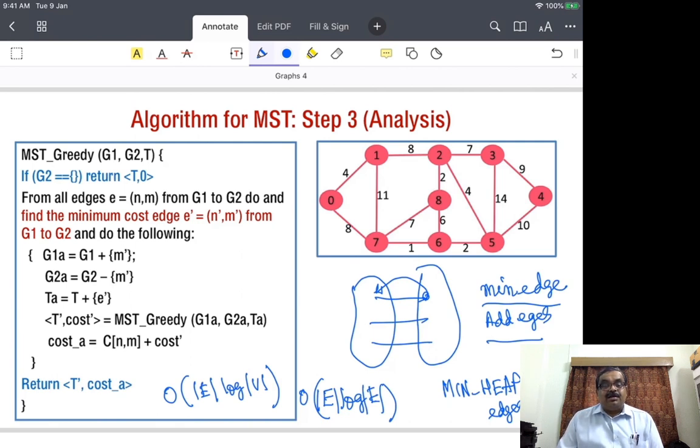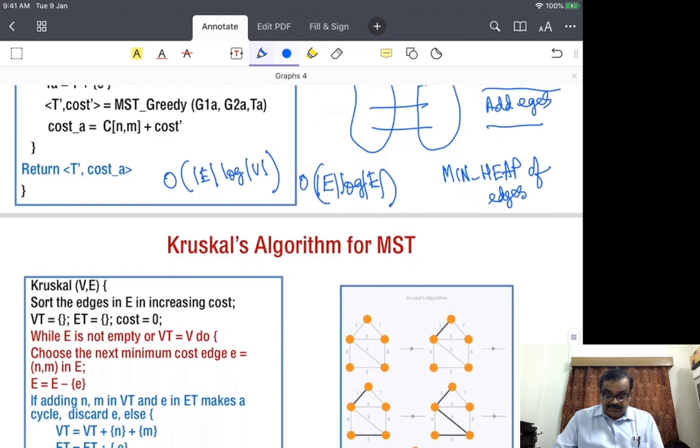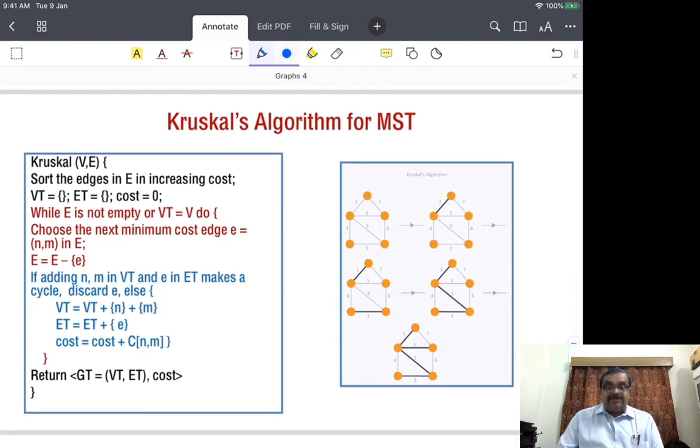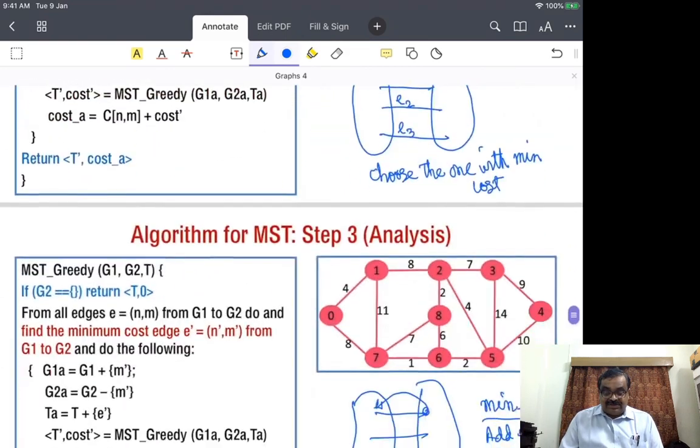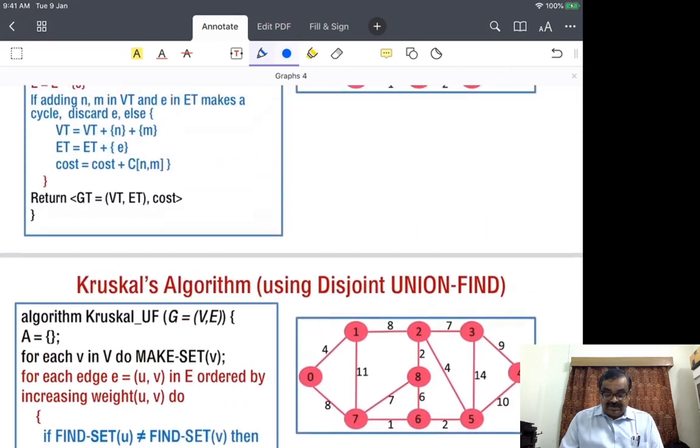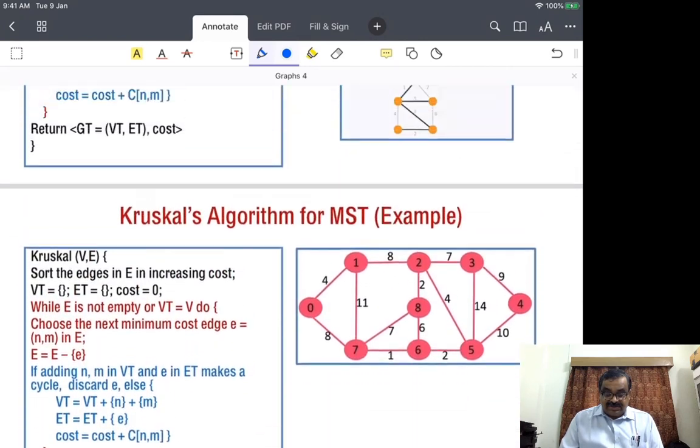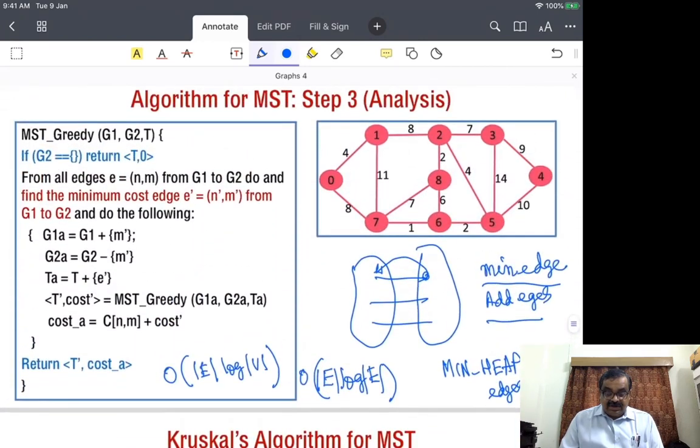There are better ways to implement this algorithm by using more complicated data structures like Fibonacci heaps, which will reduce it to V log V, but I leave that for you to examine. This algorithm that we just discussed is popularly known as Prim's algorithm.